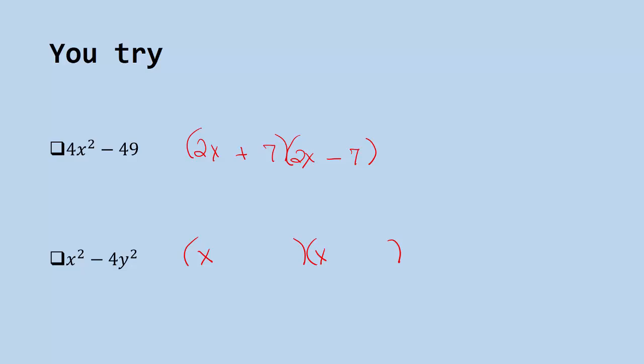It's just like x squared, except it's got a y in it. So my 4 is going to become a 2, and my y squared is simply going to be y times y. And again, you need to have a plus and a minus, and it doesn't matter which one becomes minus and which one becomes plus. So I could do it this way, minus first and plus in the second one, and I still get the same answer.